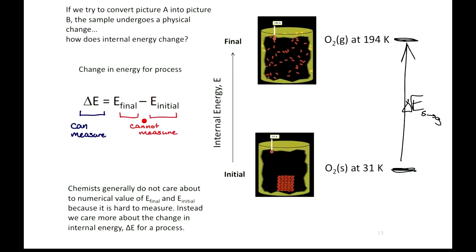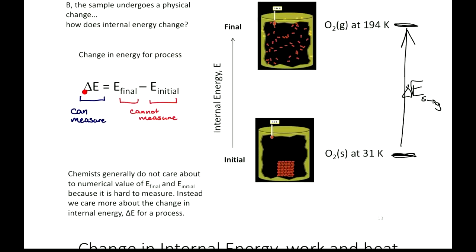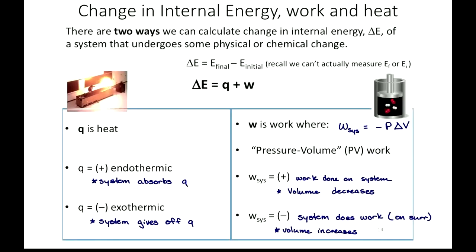So don't worry about the actual values for the final and initial condition. We just care about the process, and we can actually measure that. So how can we measure changes in internal energy? This is the change in internal energy for a process where we have a final and an initial condition.